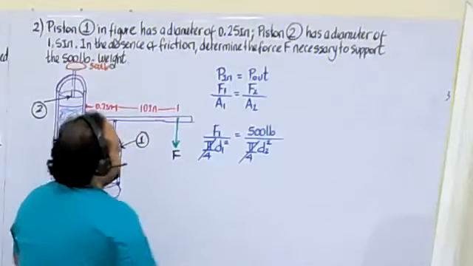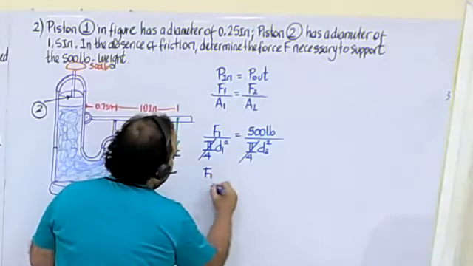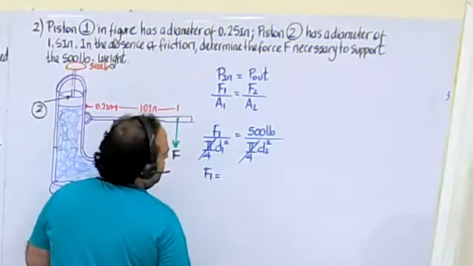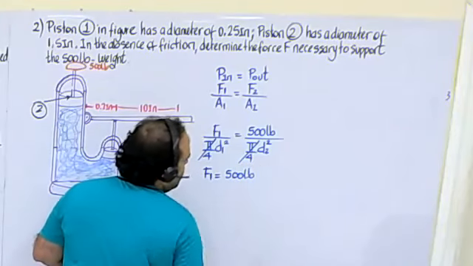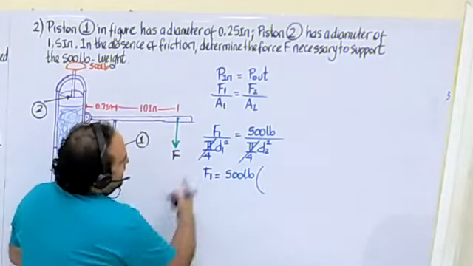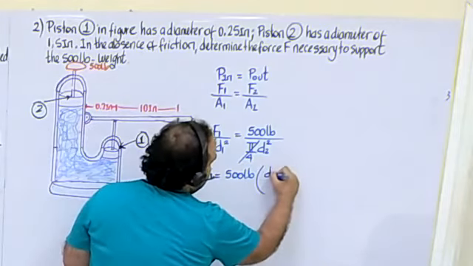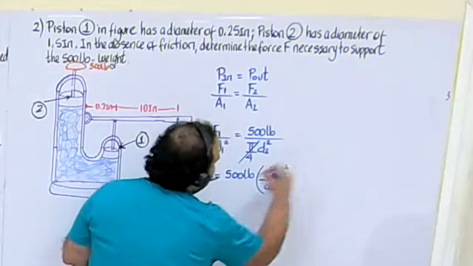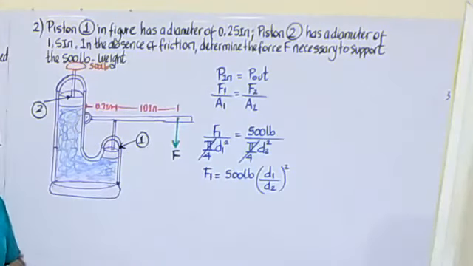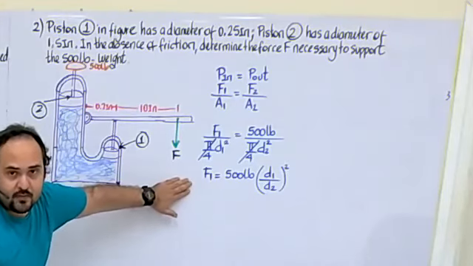And what will be the result? Force number one will be the product of the 500 pounds multiplied by diameter 1 over diameter 2, raised to the second power. Understood this one?